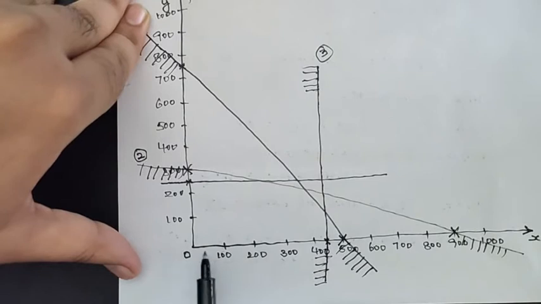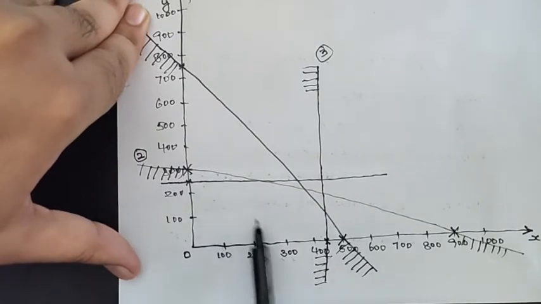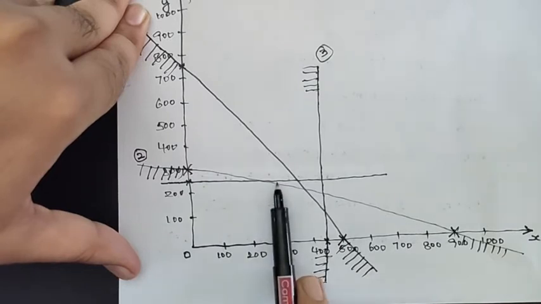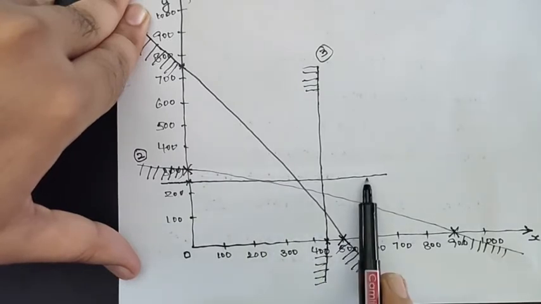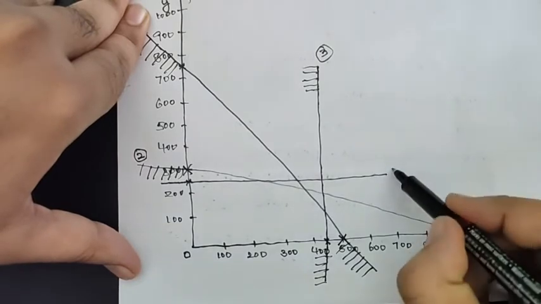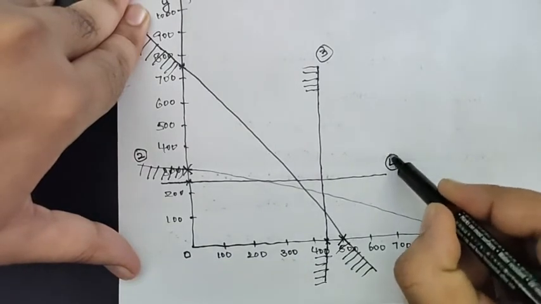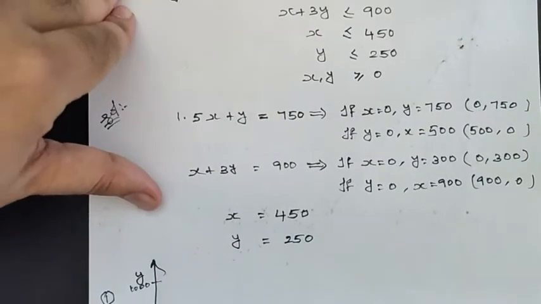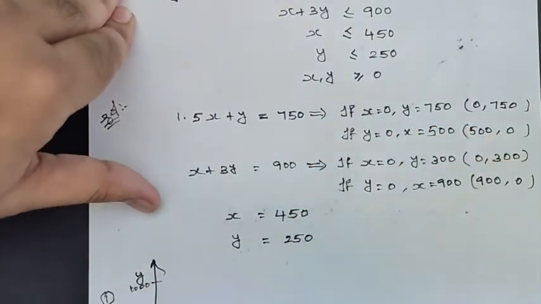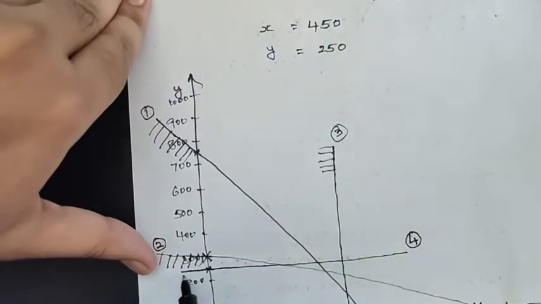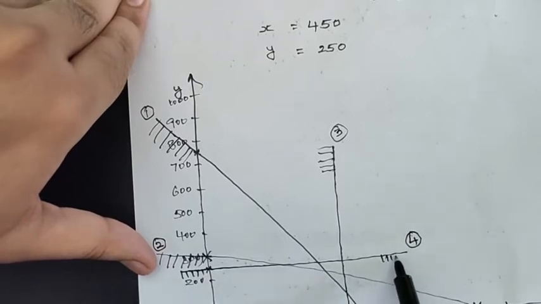So that means if x is 0, y is 250. If x is 100, y is 250. If x is 300, y is 250. If x is 600, y is 250. So the condition was satisfied. So this is constraint number 4. So what is the type of the constraint? Less than or equals to type. So the region is completely below the line. So now 4 constraints were located.